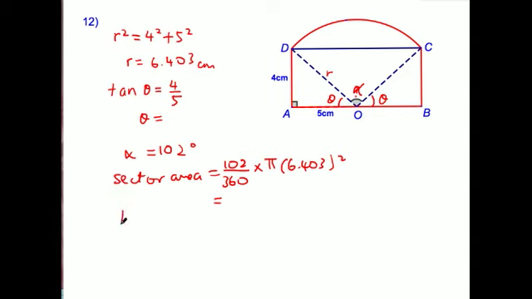Therefore, the total area will be the two triangles, half base times height, plus the sector area.